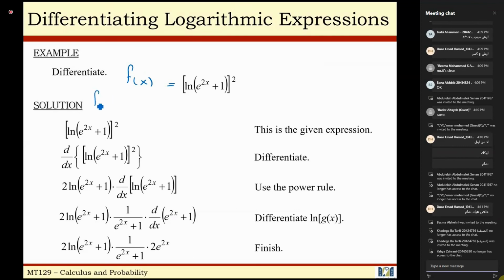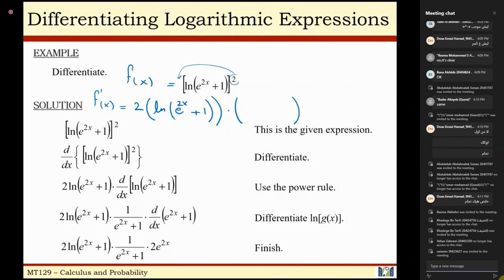Look at this. F prime of x equals what? We have the power. Put the power in front of the brackets. We have ln e to the power 2x plus 1, new power equals 1. Now we need to find the derivative of the ln inside the brackets. What's the derivative of the ln?